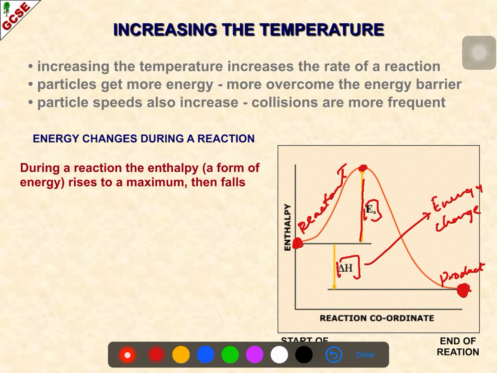Okay, look, this is the activation energy. It says here that for the reactant to become a product, the reactant must overcome. What does overcome mean? So they must go across the activation energy for them to become a product.